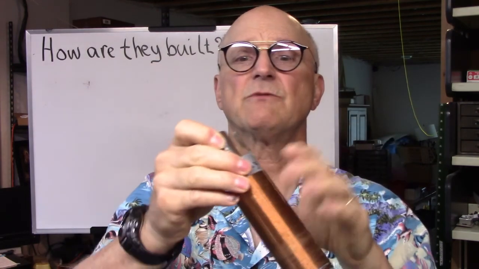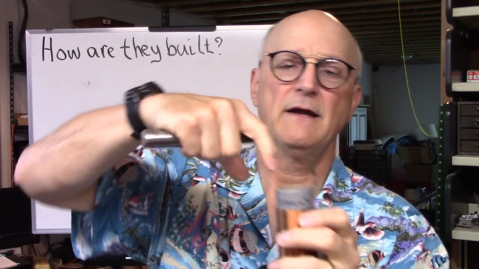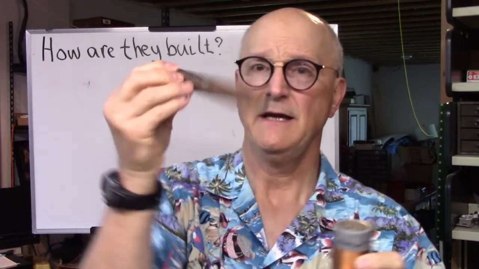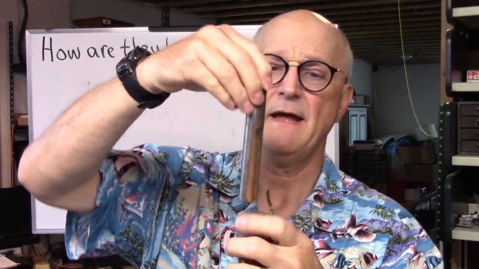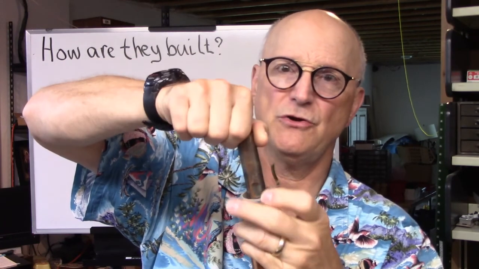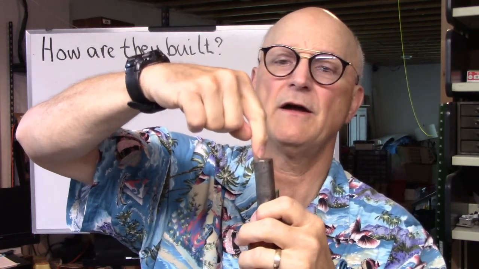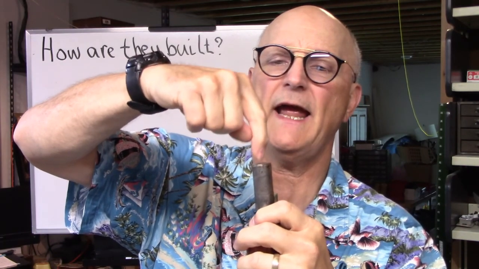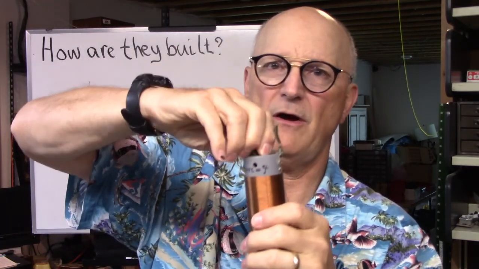In some cases, they put a thread on the inside of the coil, and the core material has a threaded outside, so the core material is threaded into the coil, and it has a means on the end so you can get a tool on there to actually turn this in and out of your coil.